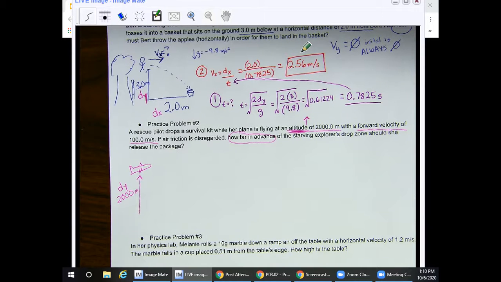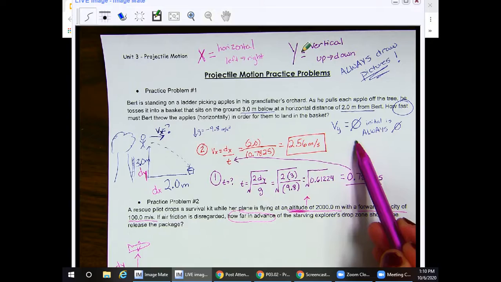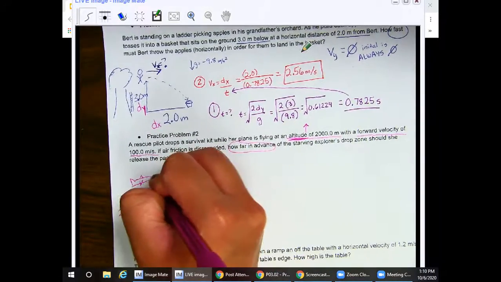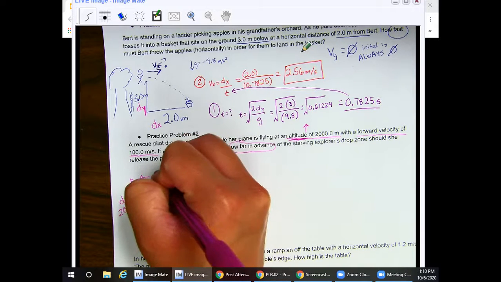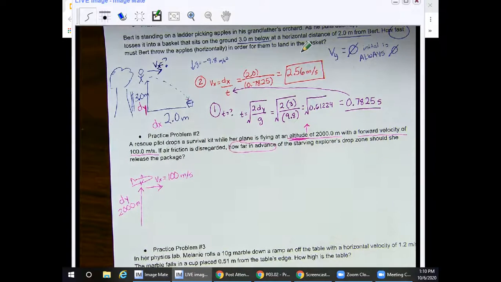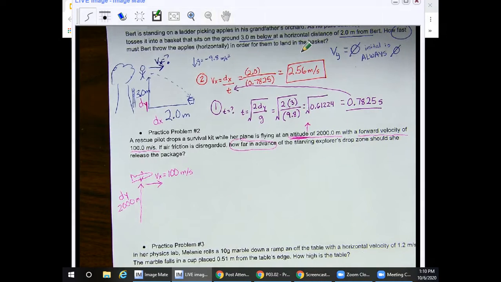So we know that we have a forward velocity of 100 meters per second. Is that going to be my Vx or my Vy? It's my Vx. Because we always know that Vy is 0, remember? So we're never going to solve for Vy. So that 100 meters per second, that's my Vx. And we're looking for how far in advance we're going to drop the package.